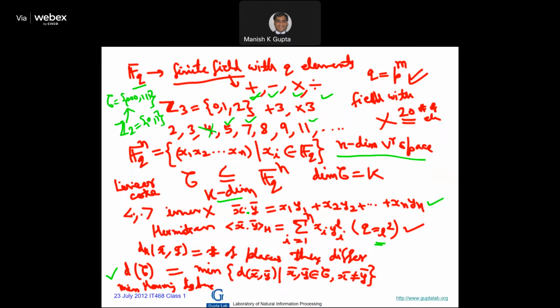If C is a k-dimensional subspace, write down all vectors, all code words, compute the Hamming distance pairwise between each of them, and take the minimum. That is nothing but the minimum Hamming distance. So if the minimum Hamming distance is d, you can correct (d minus 1) by 2 errors. This is the main result of coding theory.